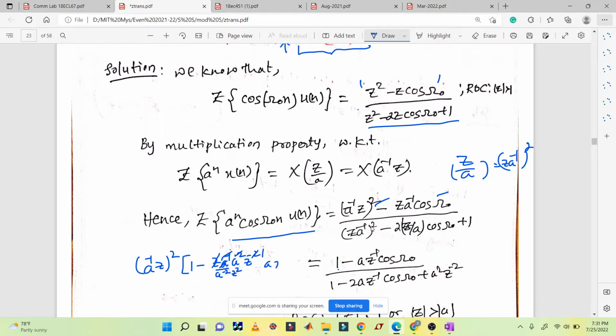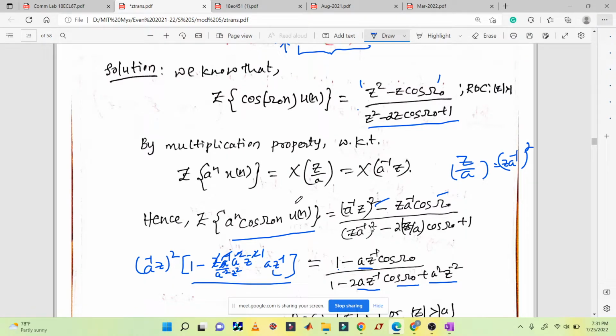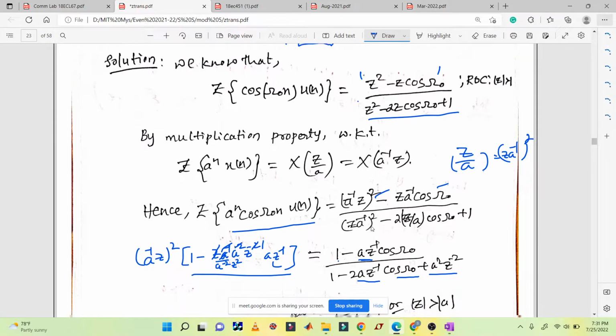So it is a into z inverse. Understood? Similarly, at the denominator end, if you take z into a inverse whole square as common, it will become 1 minus 2az inverse cos omega naught plus a square z to the power minus 2.